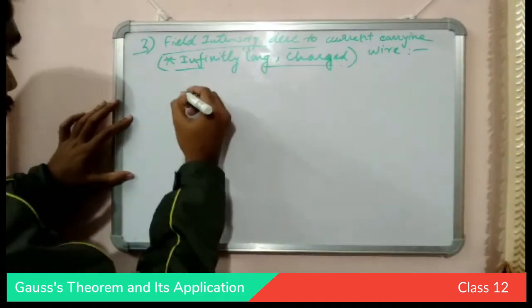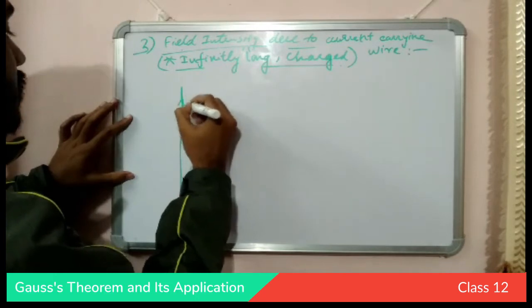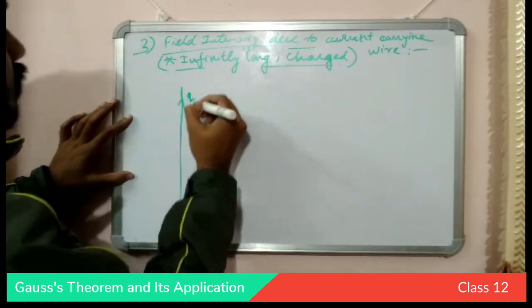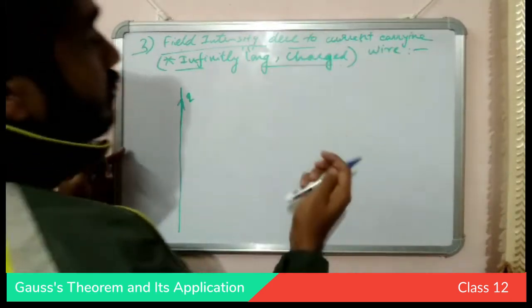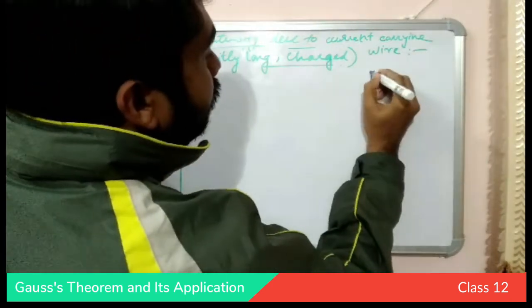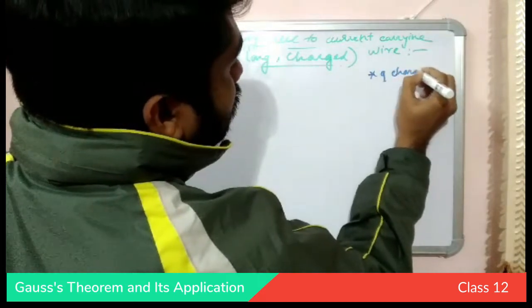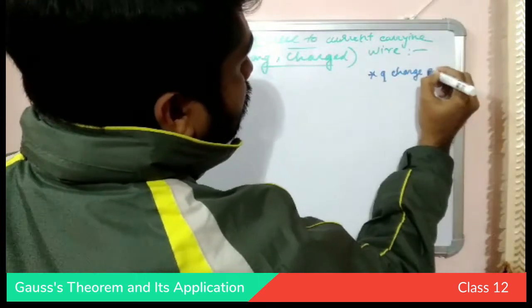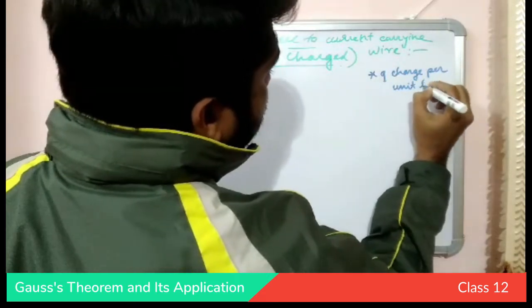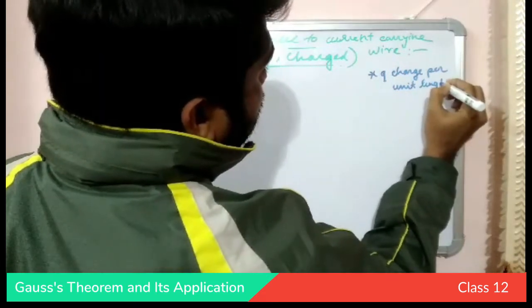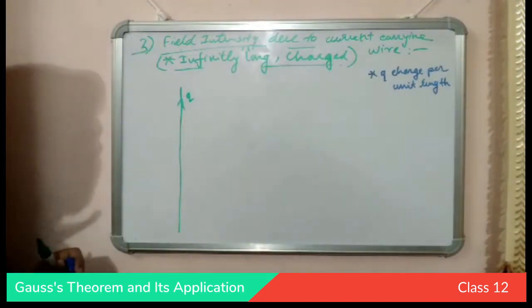So assume it is charged with lambda, the charge per unit length.